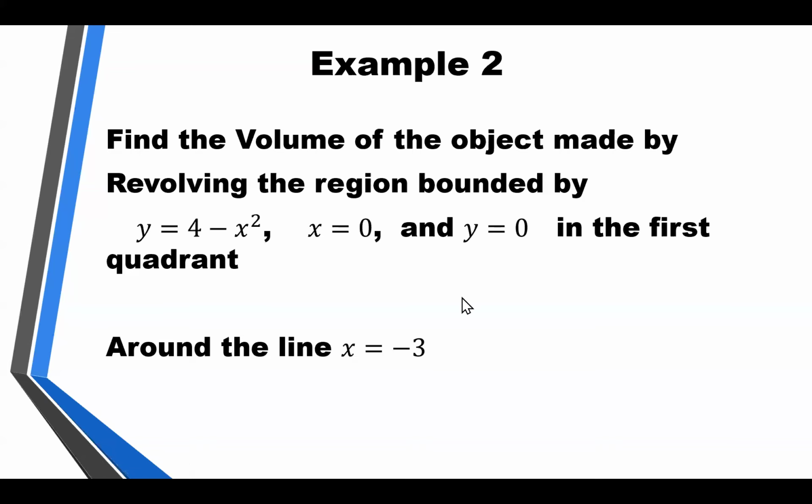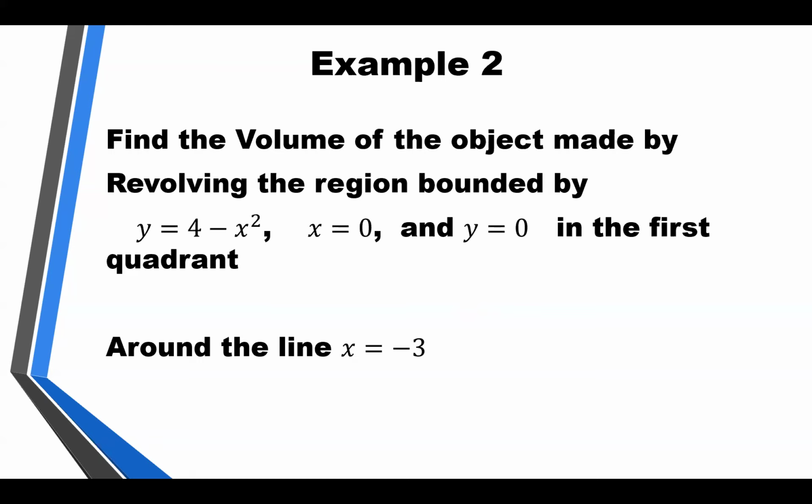Let's do another. Let's say we wanted to find the volume of an object made by revolving that exact same region around the line x equals -3. I'll graph this in 2 dimensions and then we'll do the calculations.